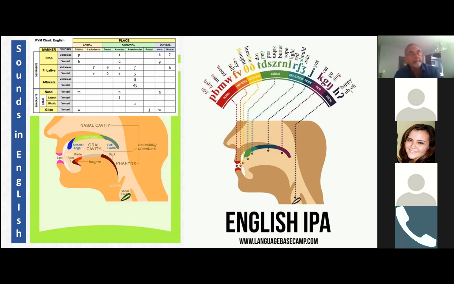Same thing up here with these sounds. T, d, t, d. These are stops, where we stop the airflow and it moves forward. And so what you're seeing is this bilabial right here.